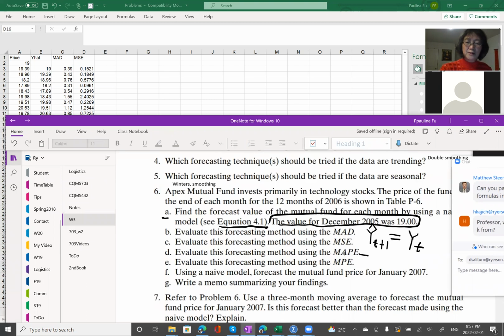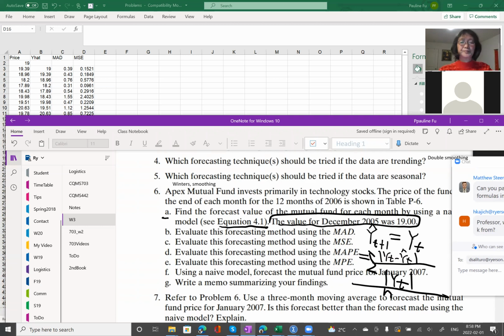MAPE is to take the difference between YT and YT hat, take absolute value divided by YT, absolute value. Then add them all divided by N. Okay, so that is MAPE.